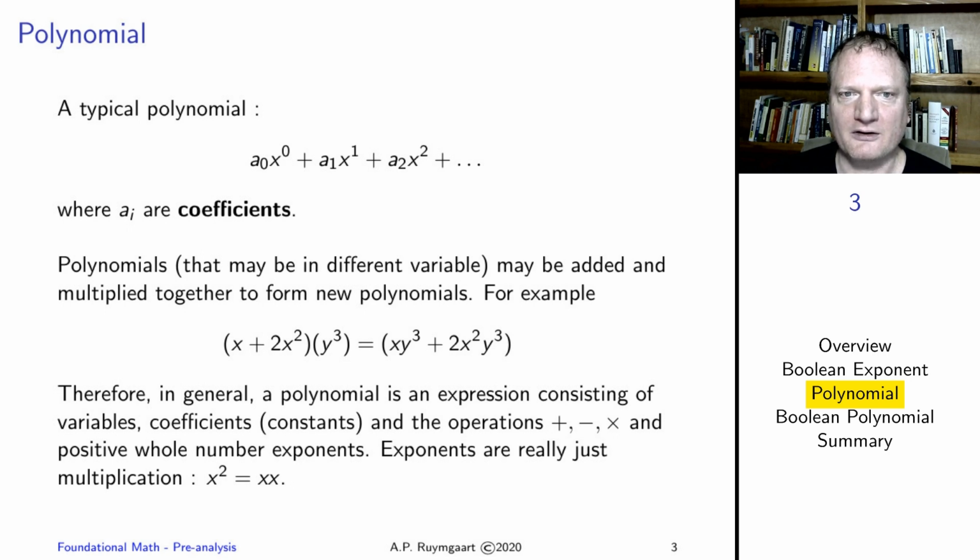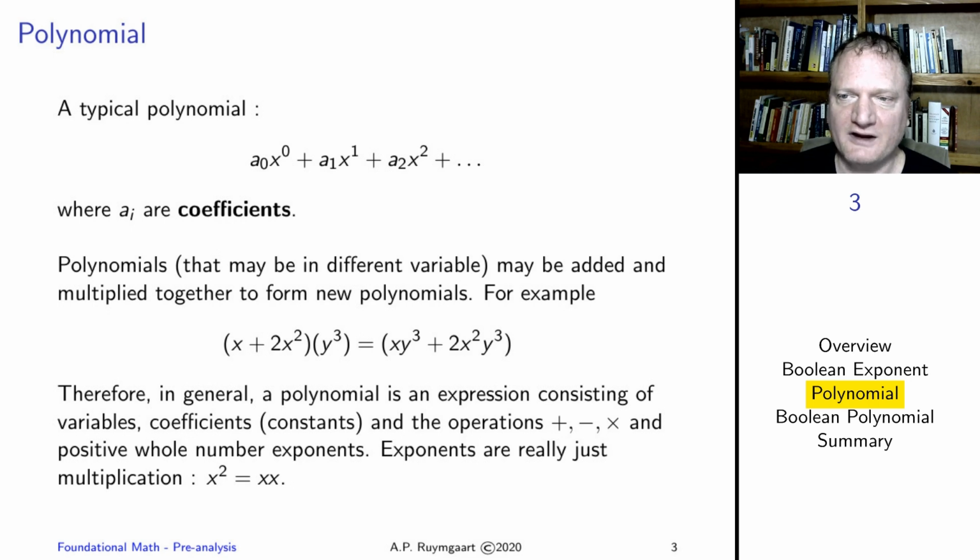Now, polynomials may be multiplied together. Polynomials in different variables may be multiplied together to form new polynomials. Let's do an example here. The first polynomial is x plus 2x squared, and our second polynomial is y to the third power.